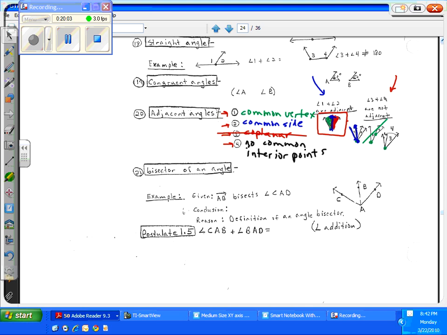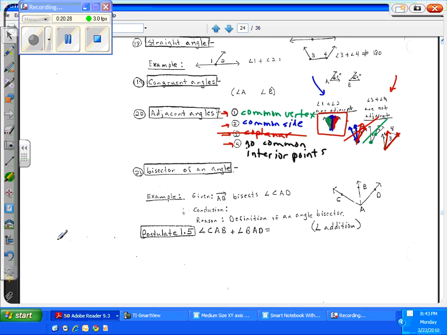Now let's look for a common side. The sides of angle 1 in this particular drawing are here. The sides of angle 2 in this particular drawing are here. They did not share a common side, and so those were ruled out because of the common side part of the definition. Well, do angle 3 and angle 4 here have a common side?